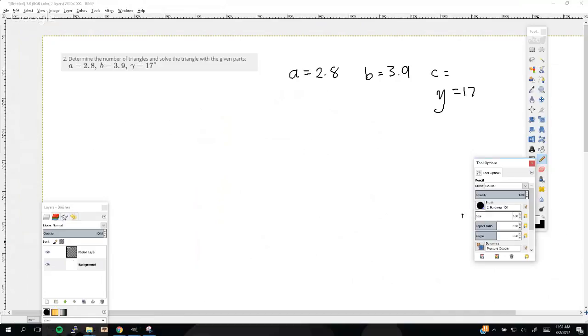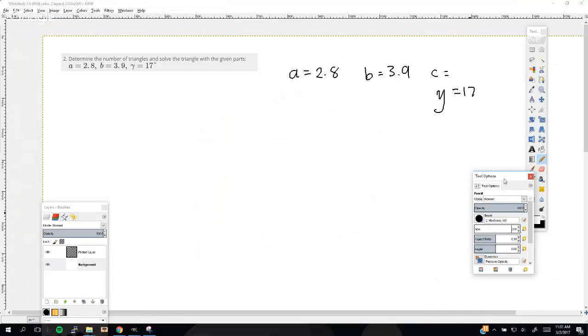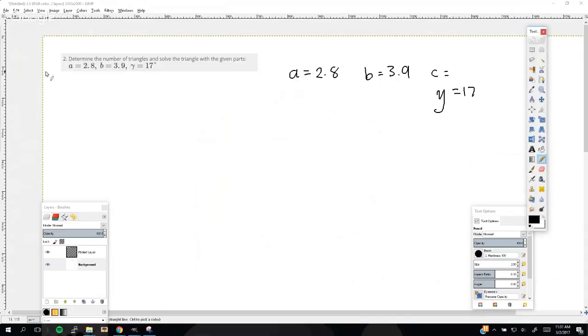Because you could use law of cosines to figure out what the other side is, to figure out what C is. Couldn't you? Because you have two sides and an angle.